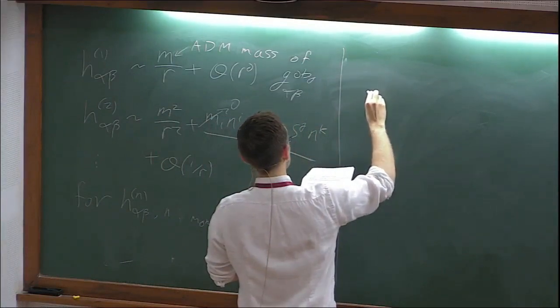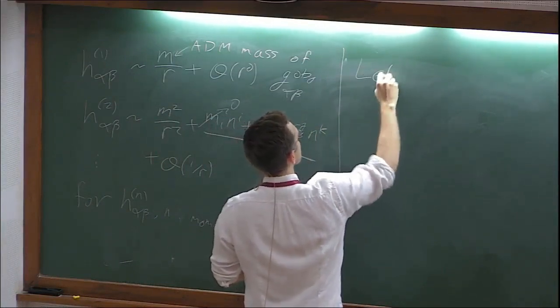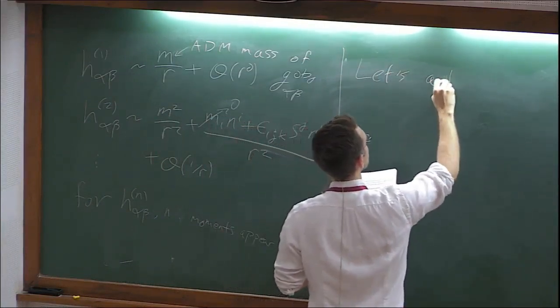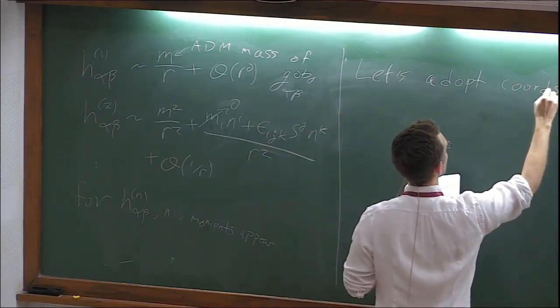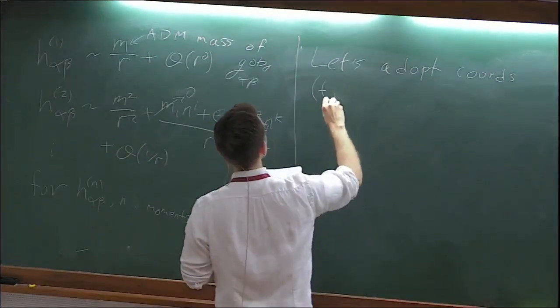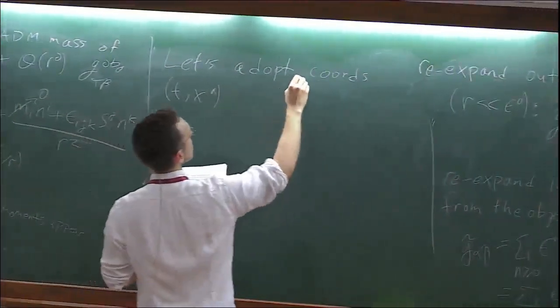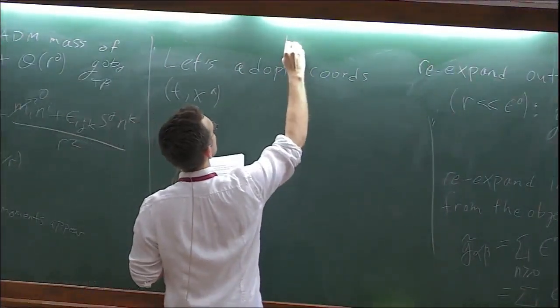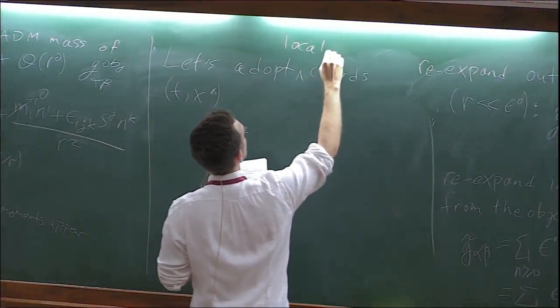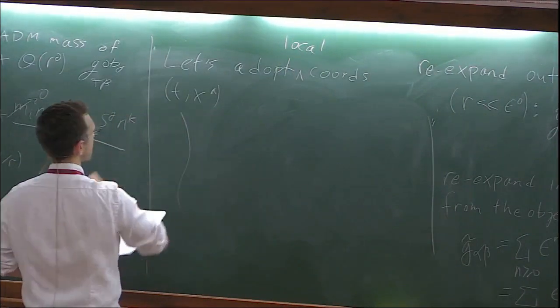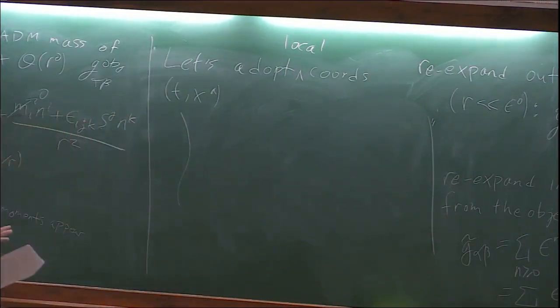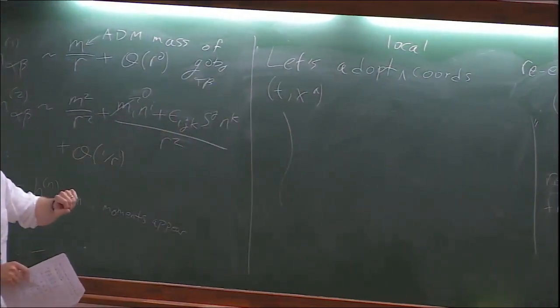Okay, so let's adopt local coordinates t, x, a that are centered on some world line that lives in the manifold of the external background spacetime. So we're imagining, okay, we look at the manifold without the small object in it.